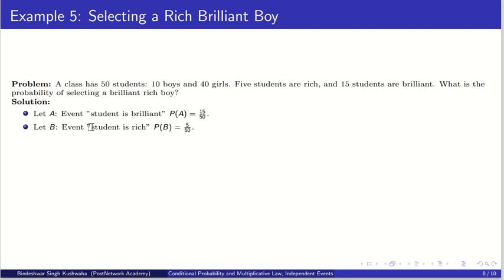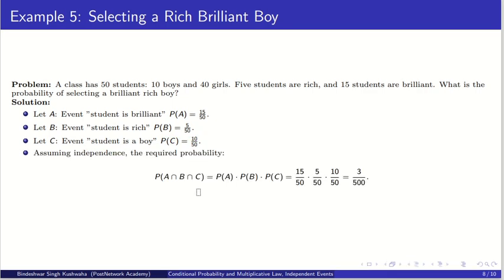Let B be student is rich, so that is 5 upon 50. Let C be student is a boy, so P(C) is 10 upon 50. Now we are assuming independence. Events A, B and C are independent, so the probability will get multiplied. So we will get 3 upon 500.